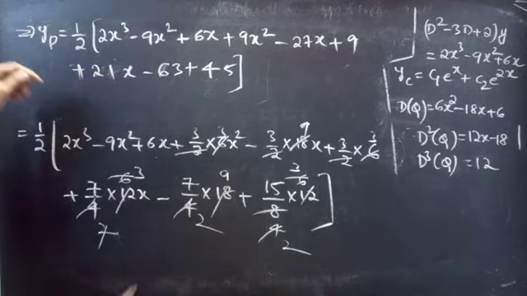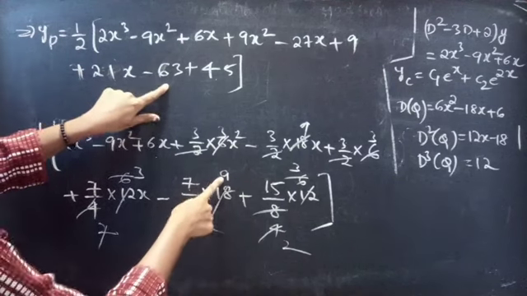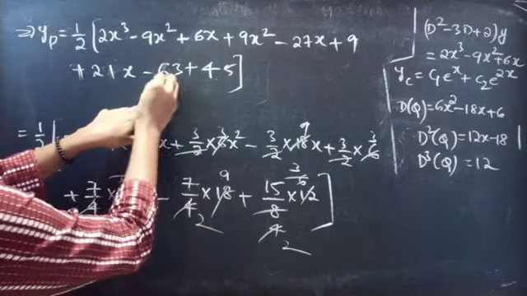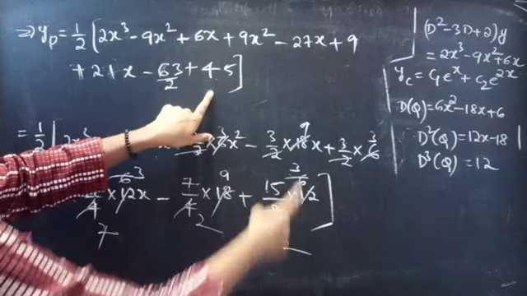In the denominator you'll get 7 9s are 63 by 2, plus 15 3s are 45 by 2.